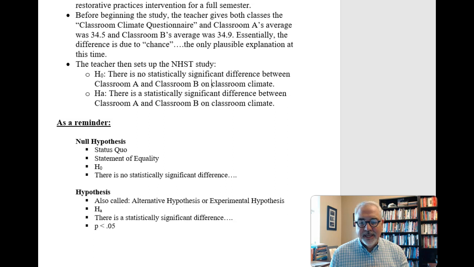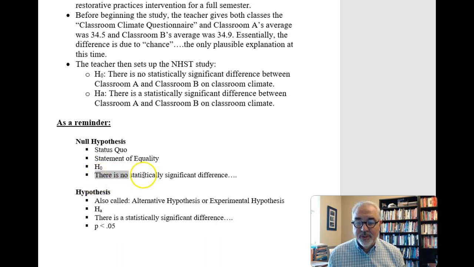Now, let's just take a little break here. What exactly is the null hypothesis? It sets up for us what really is the status quo. That's what we have here, status quo. It's a statement of equality. It's symbolized by H and then a small zero, for naught, or null, so null hypothesis.